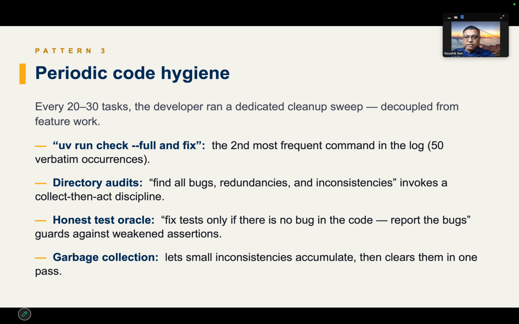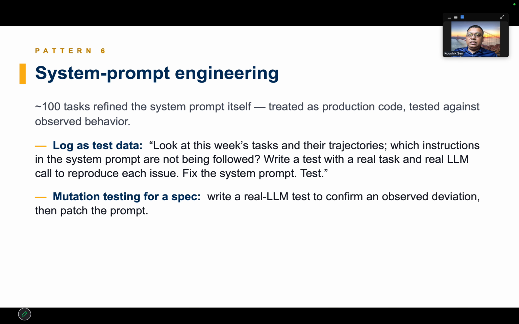And if in the process it finds bugs, it should fix them. So all this kind of periodic code hygiene I do. Sometimes I also provide it with invariants, and I tell it, these are the invariants of the system. Try hard to find violations of these invariants and fix them. And I run it overnight over a bunch of invariants, and the next morning I have something which is not only working but is much more robust. So this is another practice that I follow in Sorcar.